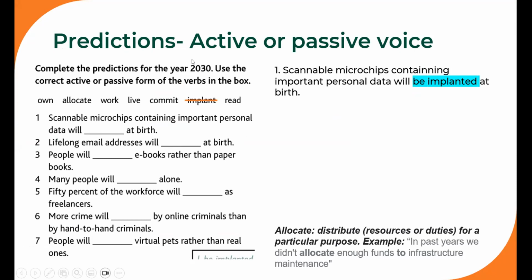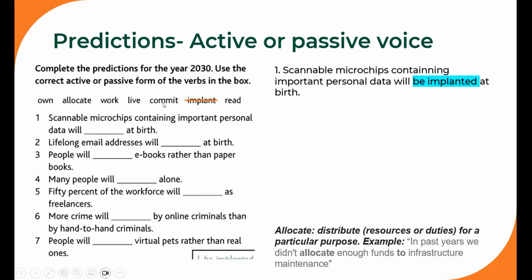You're going to decide if it's correct to use the active voice or the passive voice with the verbs in the box, okay? So own, allocate, this is the meaning of the verb allocate. To distribute resources for a particular purpose, like disponer, right? In the past years, we didn't allocate enough funds to infrastructure maintenance, okay? So that's the meaning of allocate.